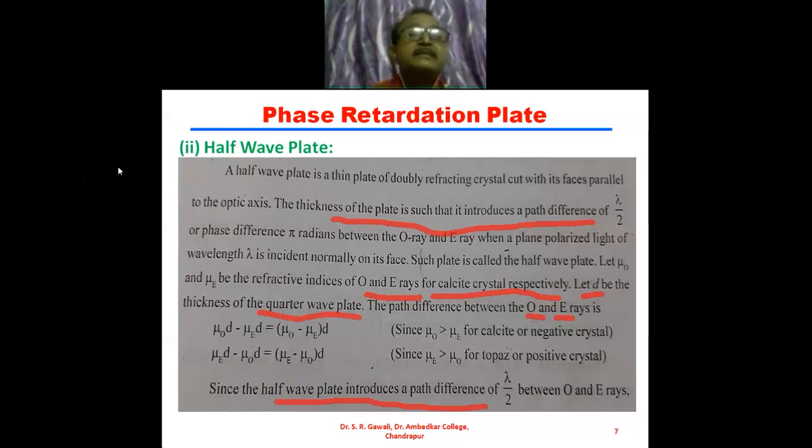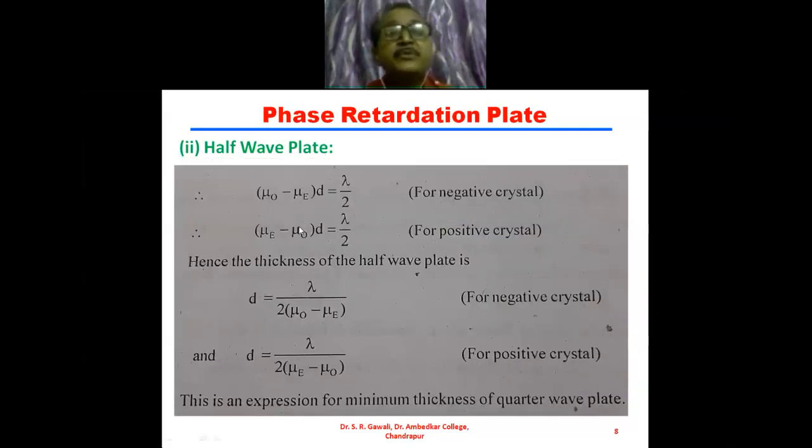then mu O minus mu E into D is equal to lambda by 2 for the negative crystal, such as calcite crystal, and mu E minus mu O into D is equal to lambda by 2 for the positive crystal.